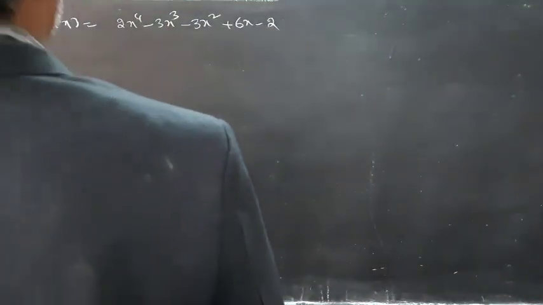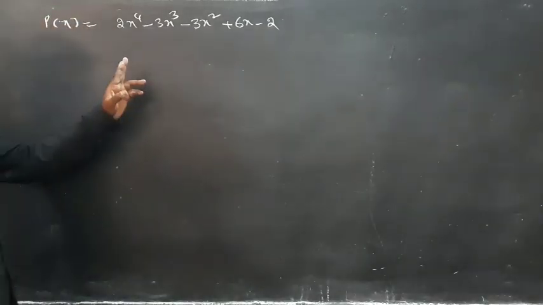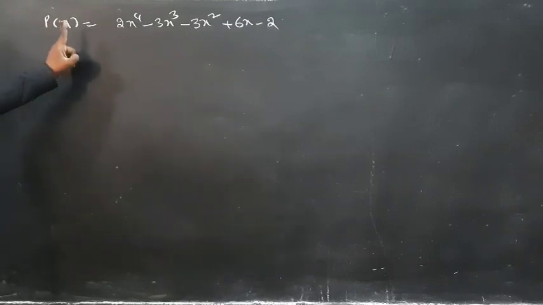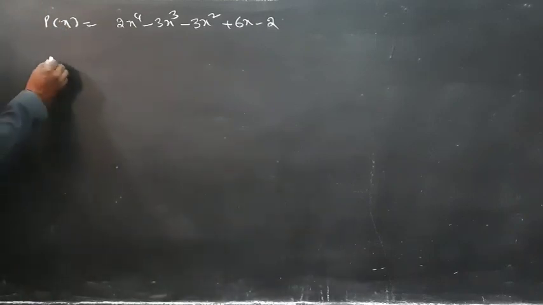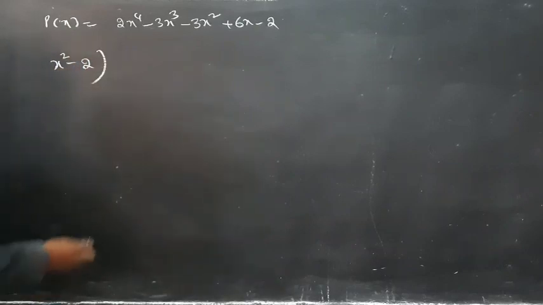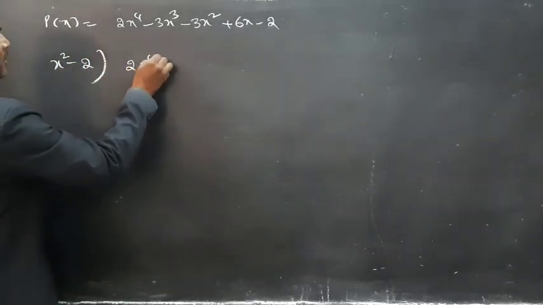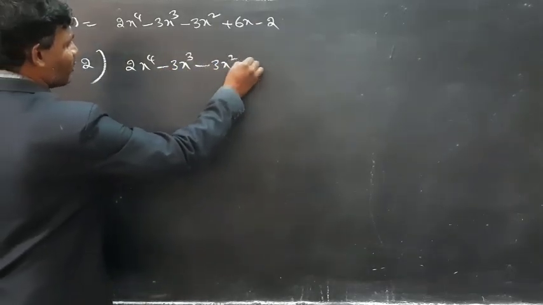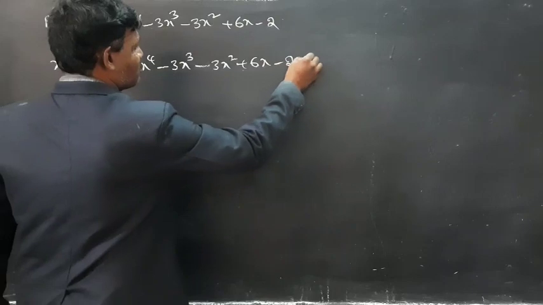So here p of x is equal to 2x power 4 minus 3x cube minus 3x square plus 6x minus 2, and x square minus 2 is a factor of p of x. Here what I am doing with x square minus 2, I am dividing the given polynomial 2x power 4 minus 3x cube minus 3x square plus 6x minus 2.